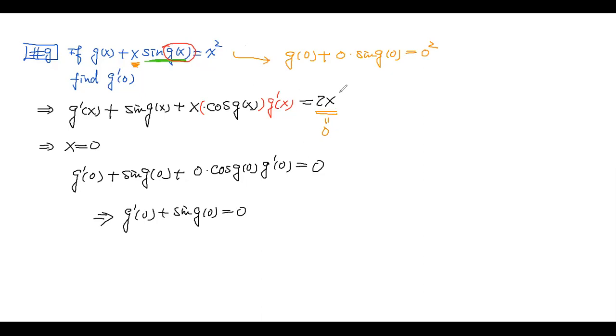So this one is zero here, we know. So we know sine g of 0 is equal to what? Sine g of 0 is equal to zero here, correct? So that's why I know g prime of 0 is equal to what? It is equal to zero here.